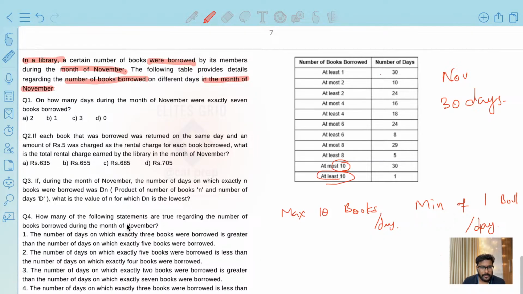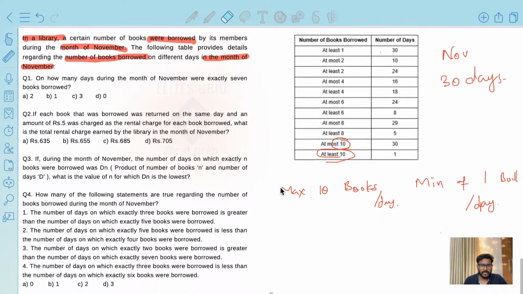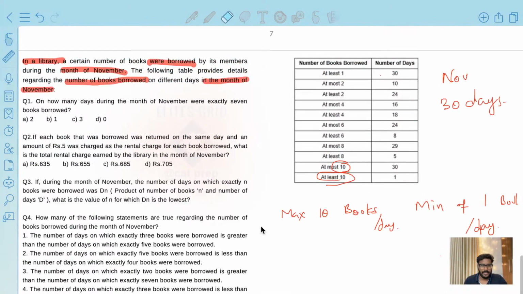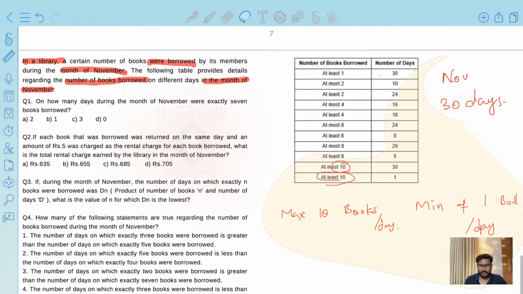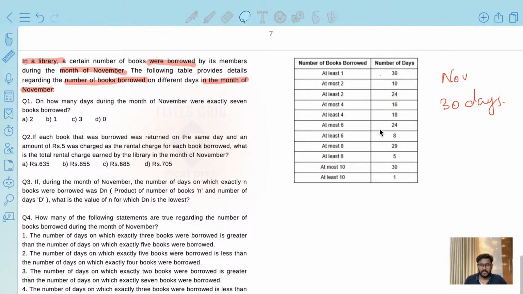How many of the following statements are true regarding the number of books borrowed during the month of November? The number of days on which exactly 3 books were borrowed is greater than the number of days. So I have to solve this, then only will I be able to say anything about this. Number of books.